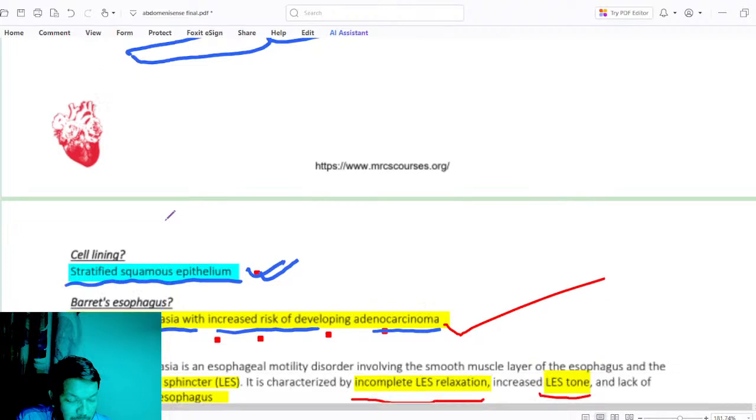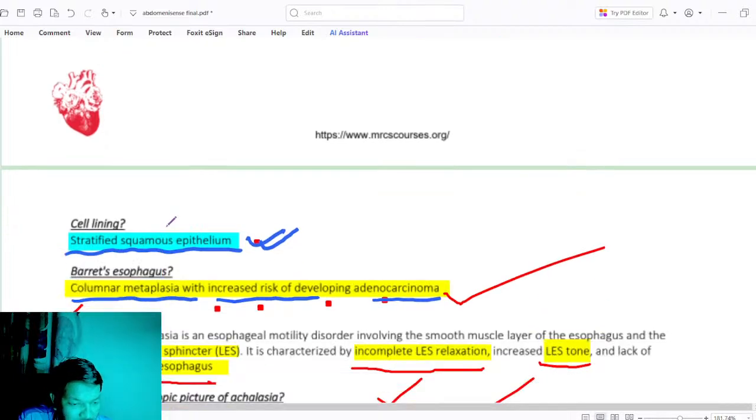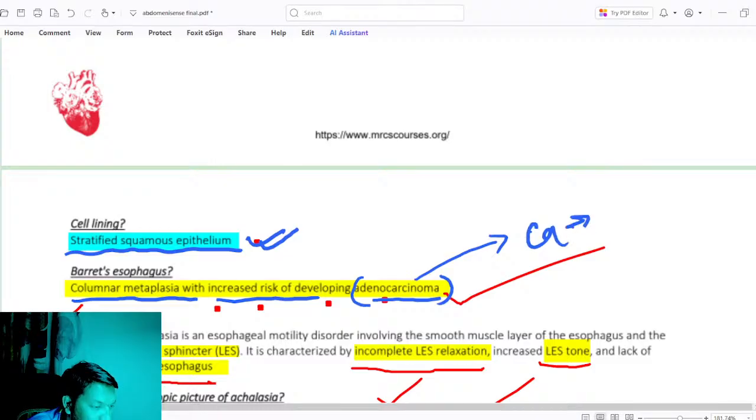So columnar metaplasia occurs here. And that's why adenocarcinoma is the carcinoma of the columnar epithelium. Adenocarcinoma is mainly the cancer of columnar epithelium, which occurs in the gut because of their epithelial lining.